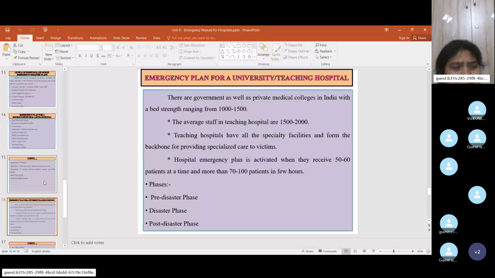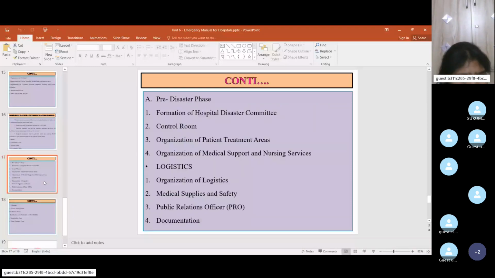And again here in the teaching hospital, we have the pre disaster and post disaster phases. The same thing applies here: having a plan, doing it, and finding out the lacunae so that in future we don't repeat the same problems.